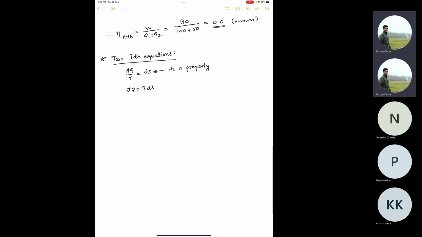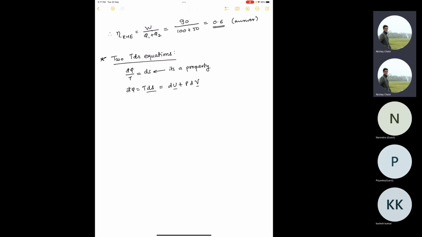So then the first law is del q equal to dU plus PdV. Mind you, this is a common mistake that people make. Sometimes in a hurry they will write small ds, and here they'll write capital U, capital V. So that's a wrong equation. It will not satisfy the unit balance.